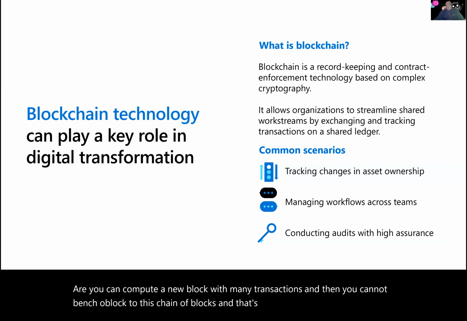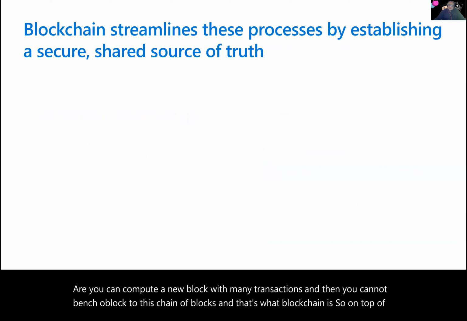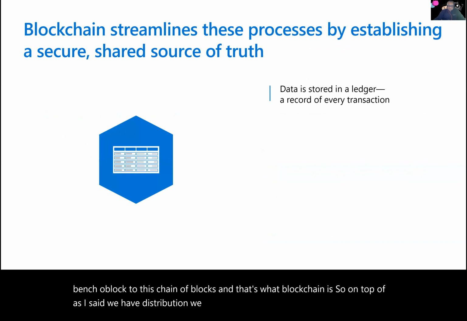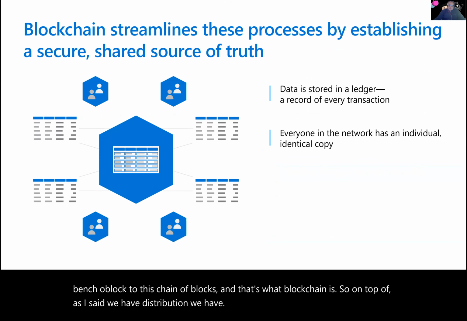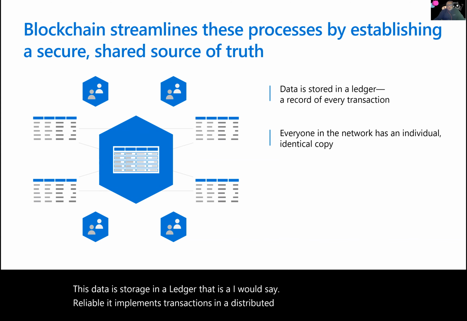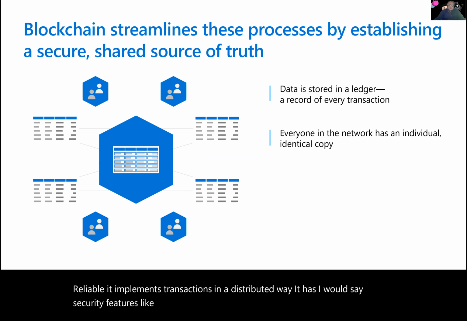On top of that, as I said, we have distribution, we have this data storage in a ledger that is reliable. It implements transactions in a distributed way. It has security features like authentication, authorization, auditing, the AAA in security.